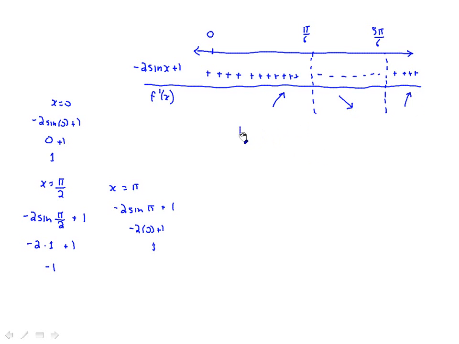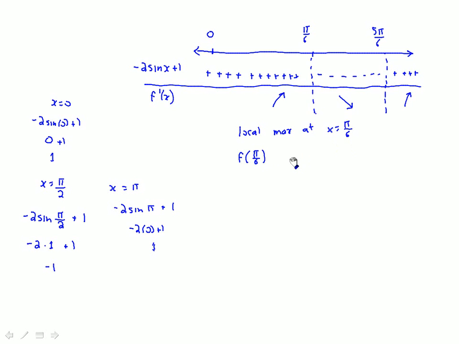And then we can see that there's a local max at x equals pi over 6. And when we plug that in, we try to find f at pi over 6 into the original, of course.